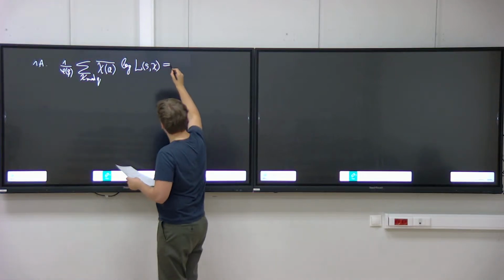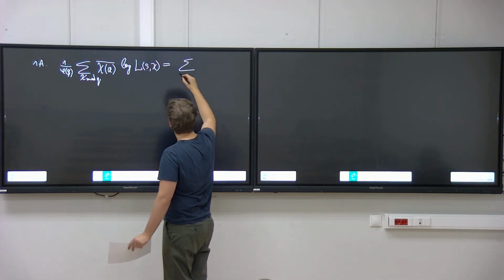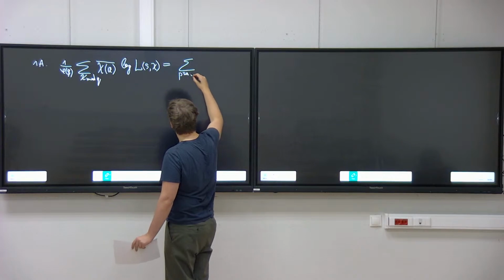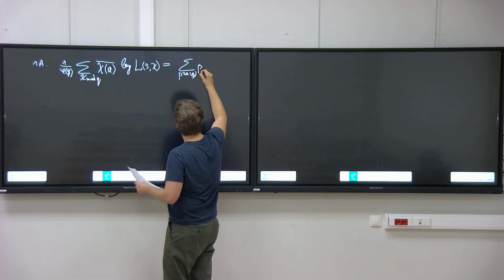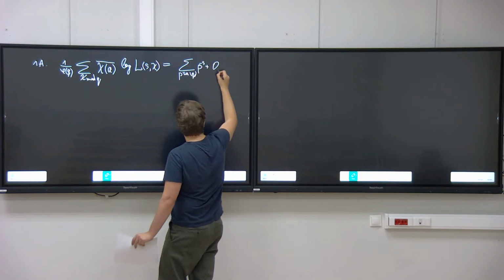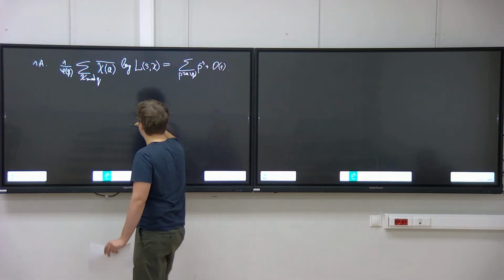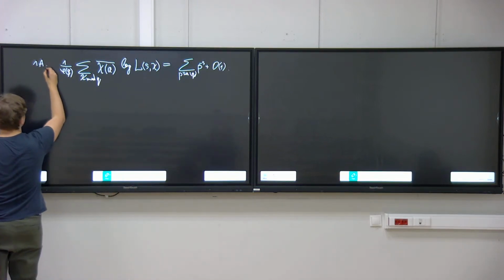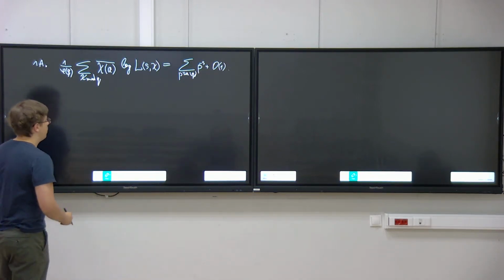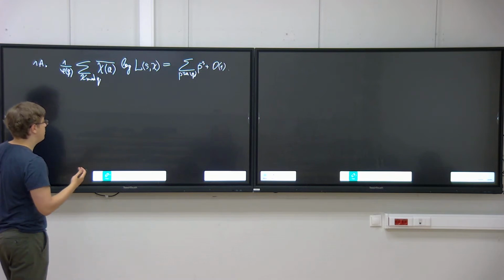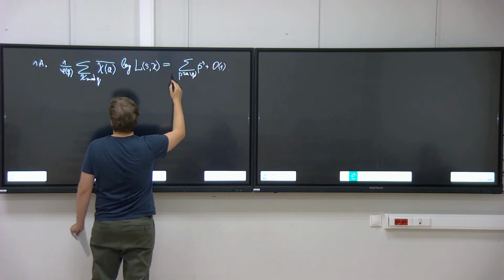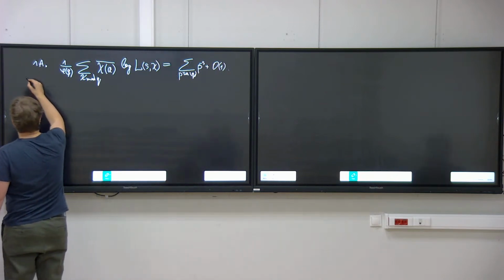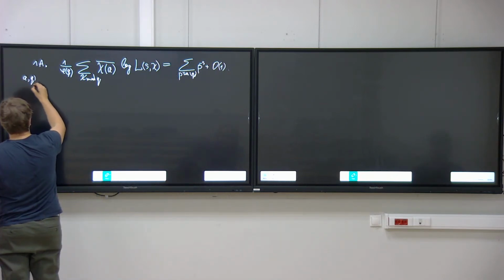But this is equal to the sum over primes p congruent to a modulo q of p to the power minus s, plus O(1). Okay. And this is the main step in Dirichlet's proof that there are infinitely many primes. Here of course a is prime to q.